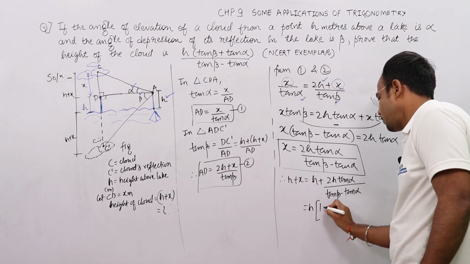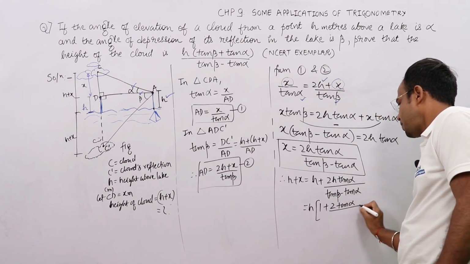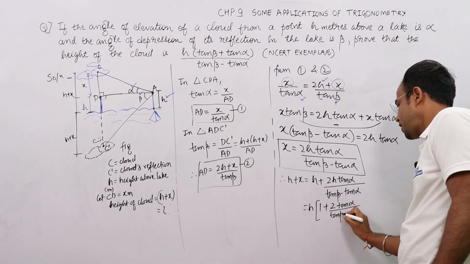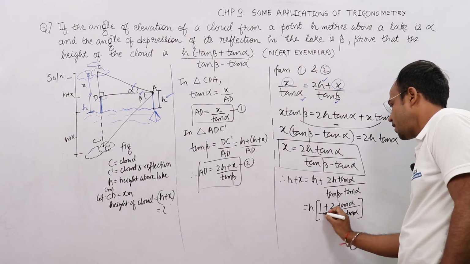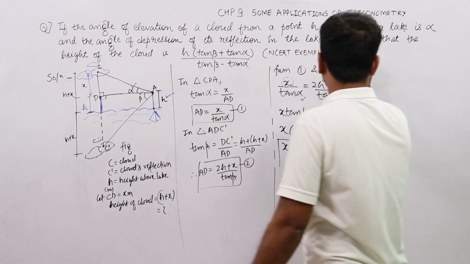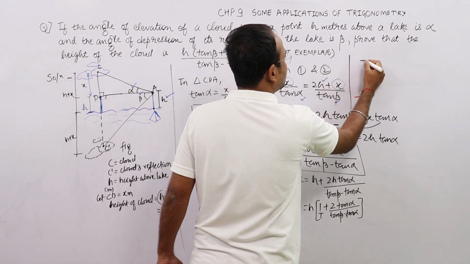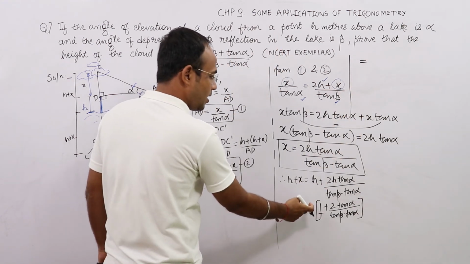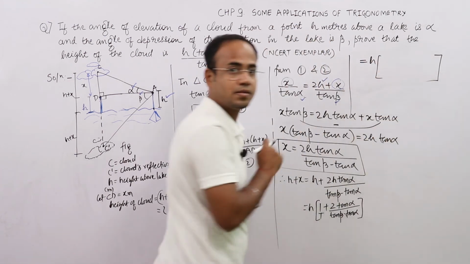So what is left is 1 plus 2 tan alpha upon tan beta minus tan alpha. So this will go here by taking LCM.